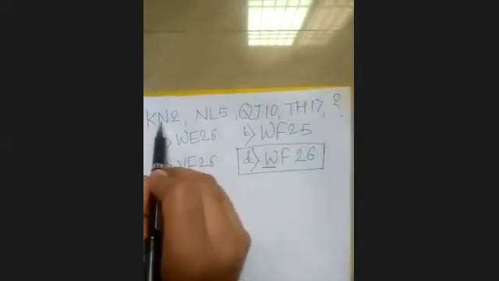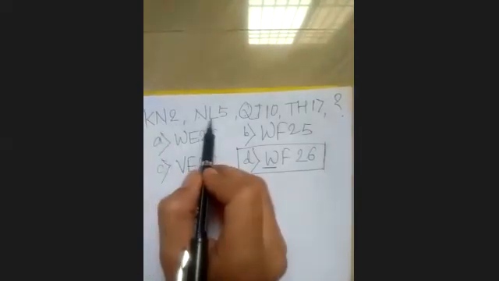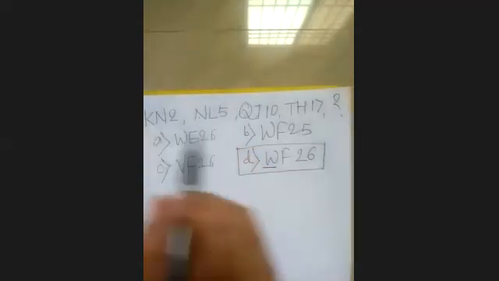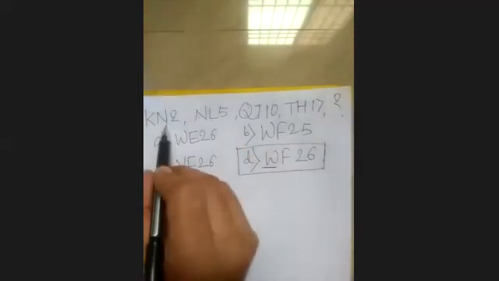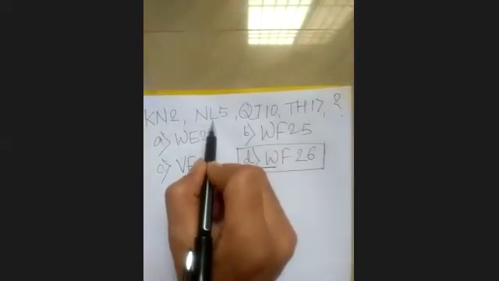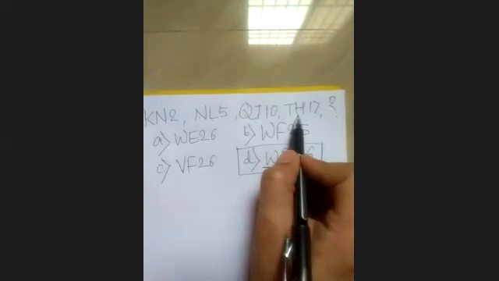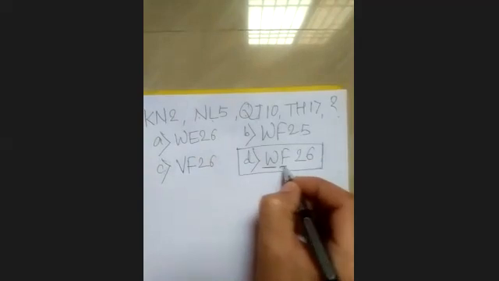Now N and L. So the relationship between N and L: N minus 2 is L, minus 2 is J, minus 2 is H, and therefore minus 2 must be F. So it is WF.